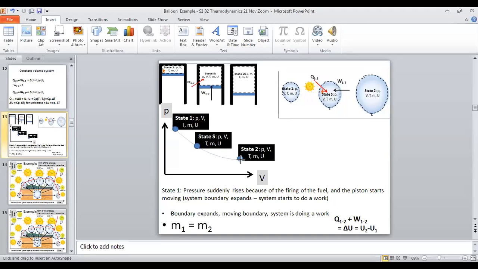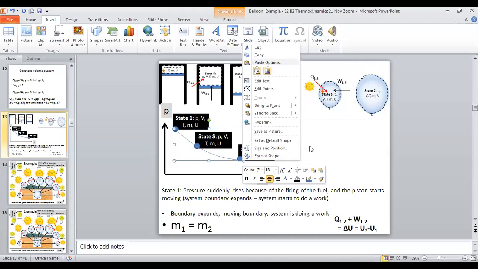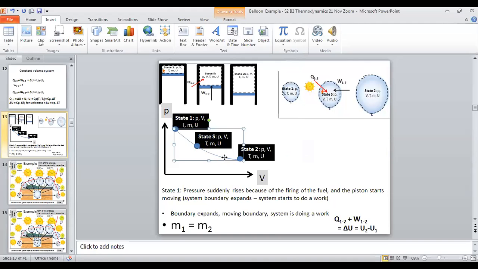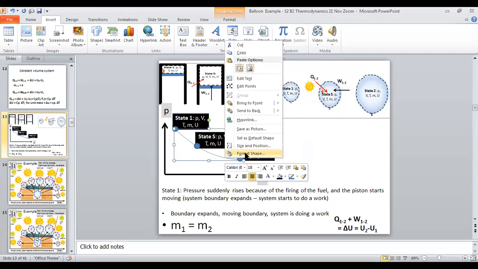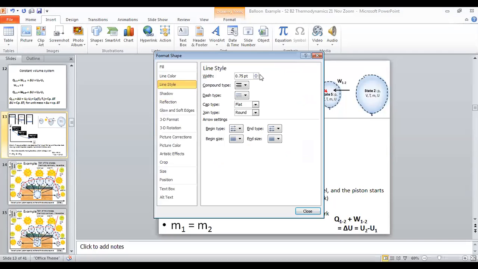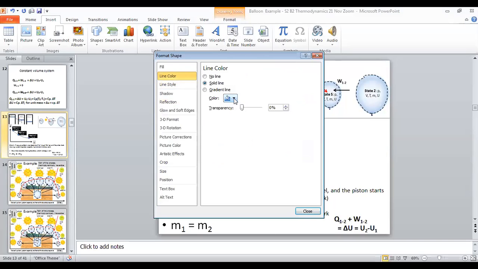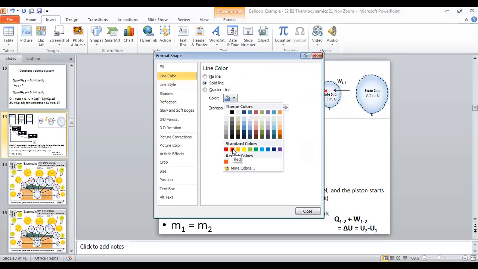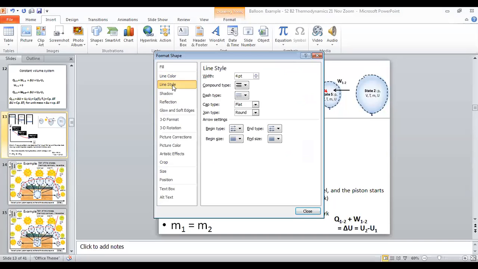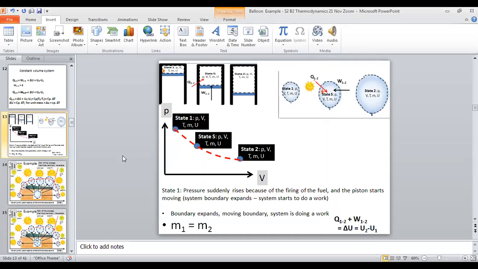Two is here. Good. I will make it more visible. I will put red in color, and the style I put this way. Understand? So this PV diagram.